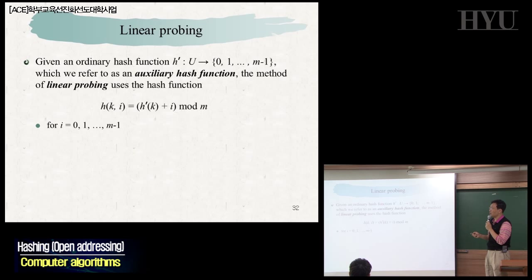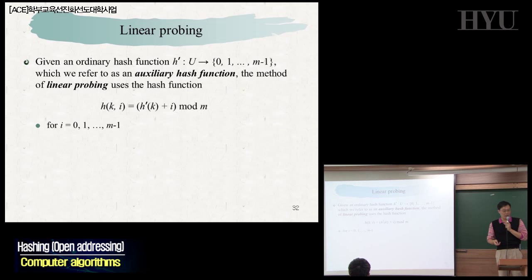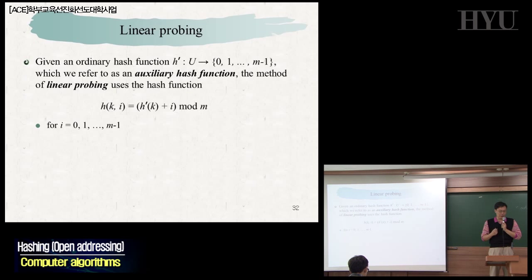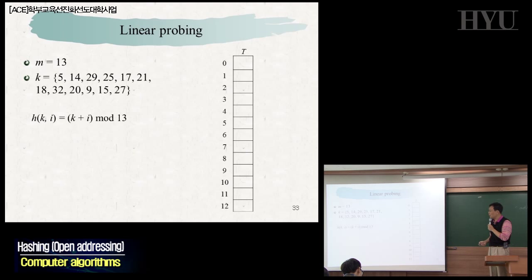Given an ordinary hash function h prime, it is called an auxiliary hash function. And linear probing is like this: h(k, i) equals h prime of k plus i. So this means probing the next slot. And we did this.